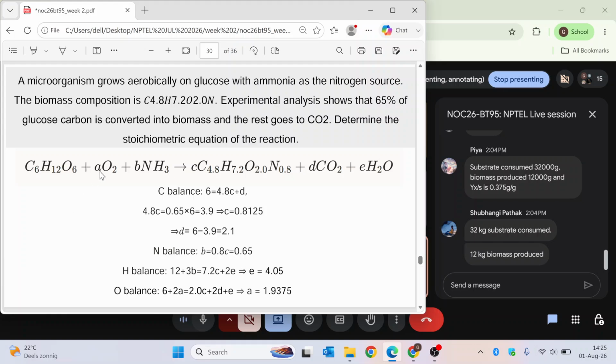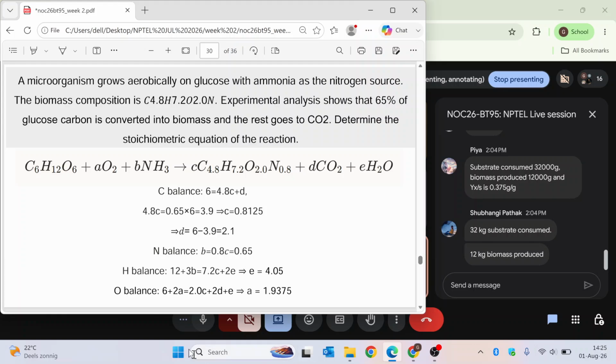You can assume any stoichiometric coefficients. So here we have given the coefficient for oxygen as A, for ammonia B, for your biomass C, for carbon dioxide D, and for H2O E. Now your duty is to determine what these coefficient values are.